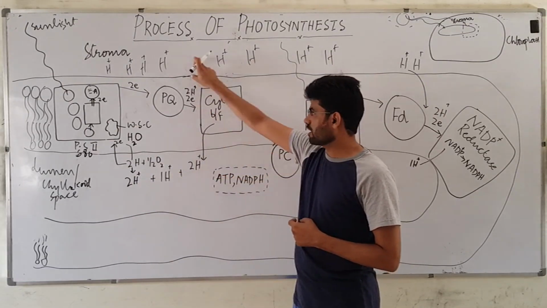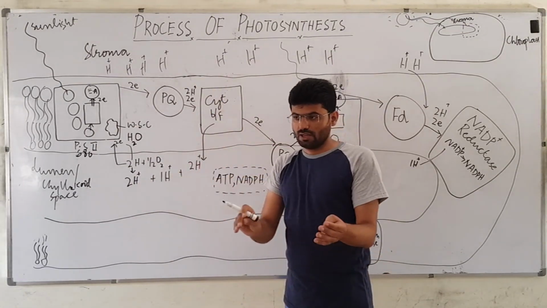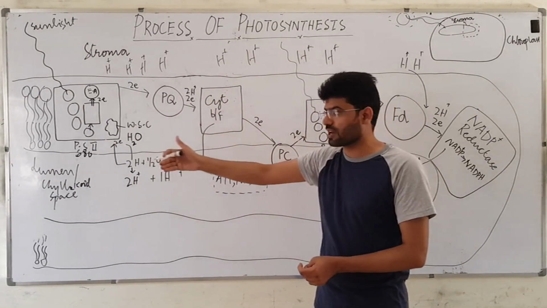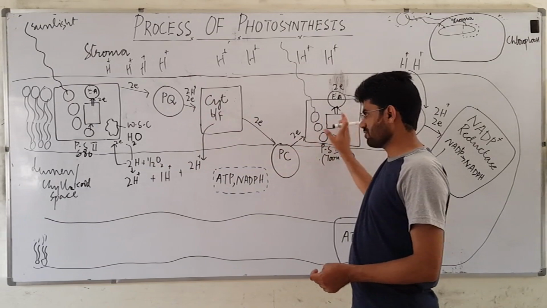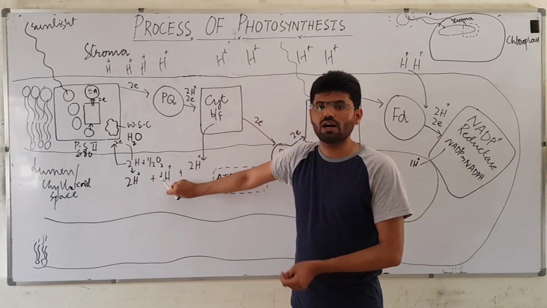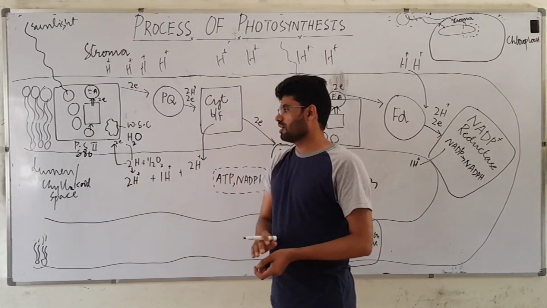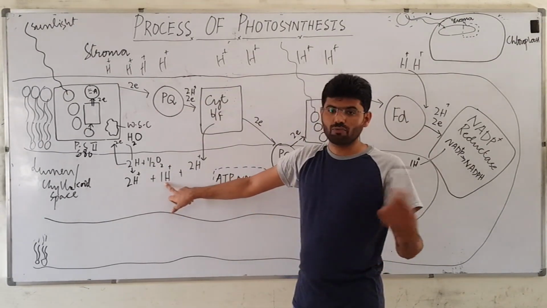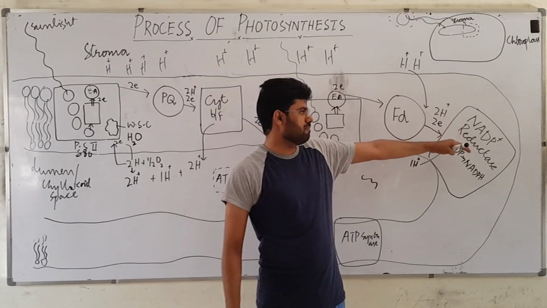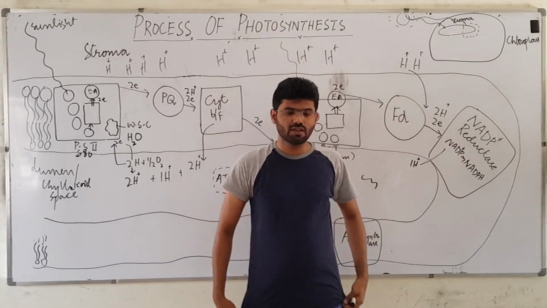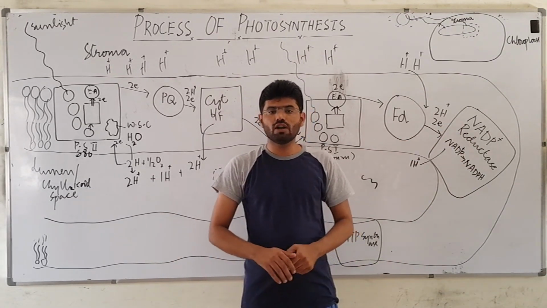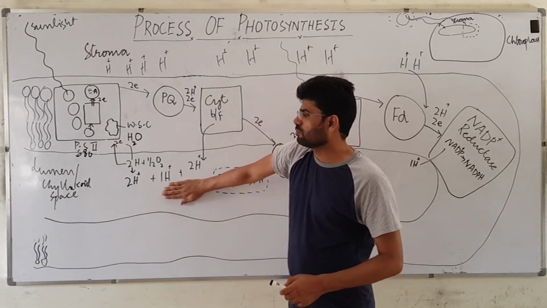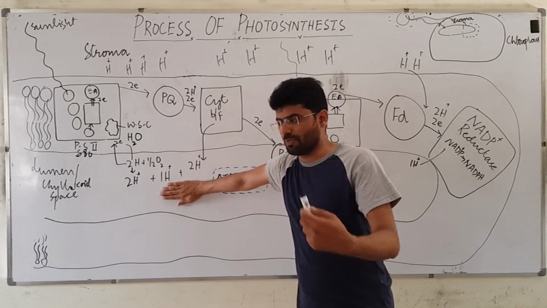The 2 protons are coming from the stroma, because we named this process the electron transport chain. So electrons are to be transferred, and protons are to be accumulated in the lumen, or simply it's called thylakoid space. One proton, from where it is coming? It is coming from this NADP reductase. So together, this will be called the accumulation of 5 protons in the lumen or in the thylakoid space.